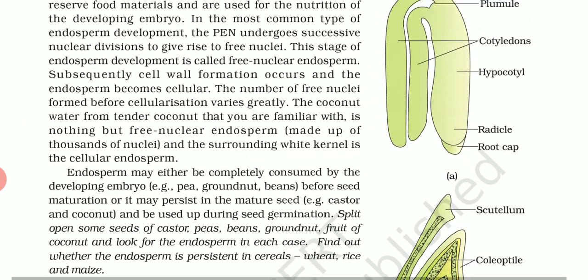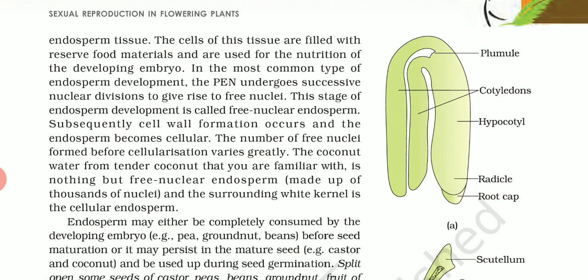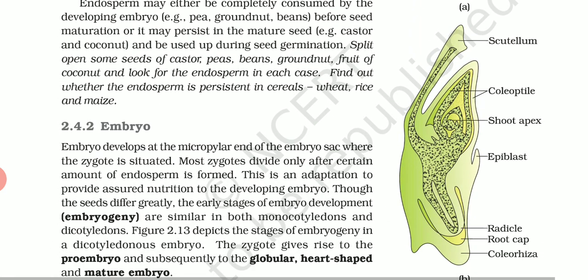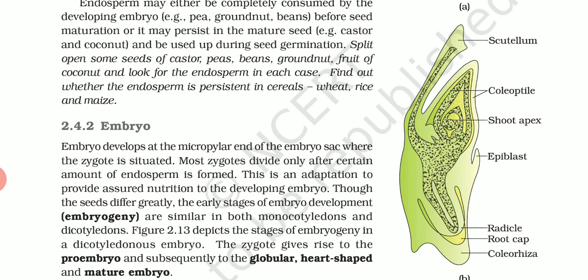Okay, so these are the most important parts of a dicot embryo. The dicot embryo consists of an embryonal axis and two cotyledons. Then we have the epicotyl, which terminates into the plumule, and the hypocotyl, which terminates into the radicle, which will give rise to the new plant.